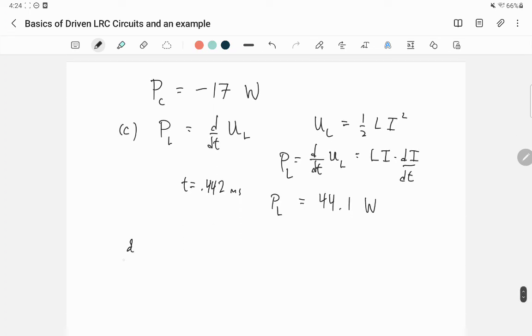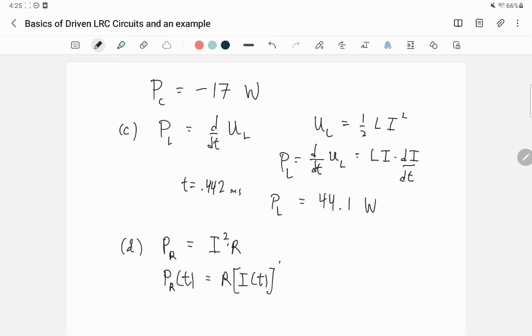And then the power at the resistor. The power at the resistor is just I squared R, right? This is just a basic fact of resistance. It's something you learned probably in a much earlier chapter. So the power dissipated by the resistor as a function of time: the resistance isn't a function of time, but the current is.